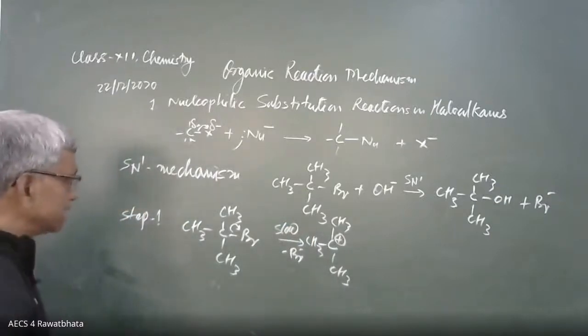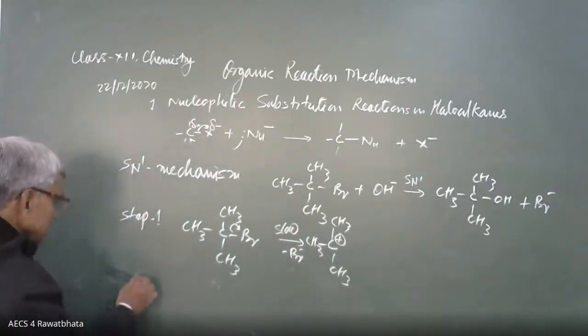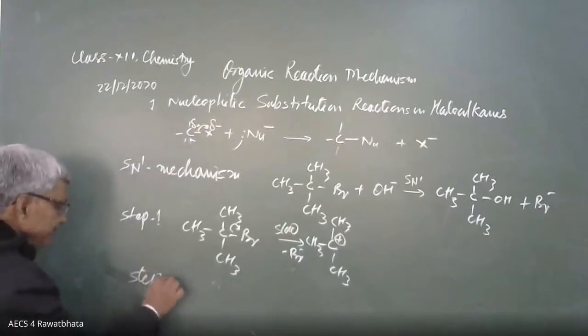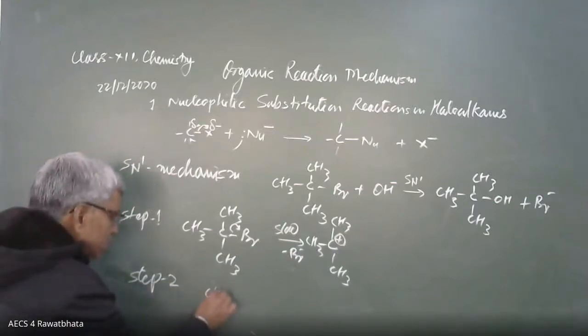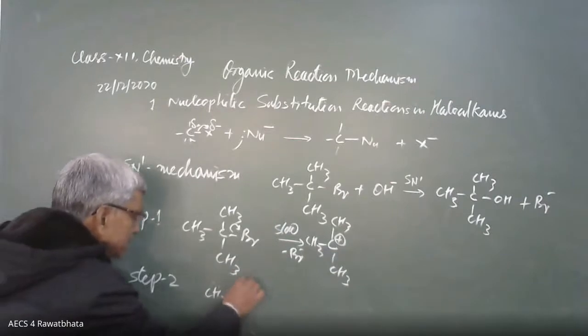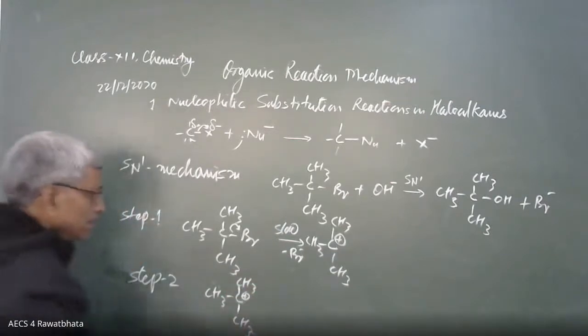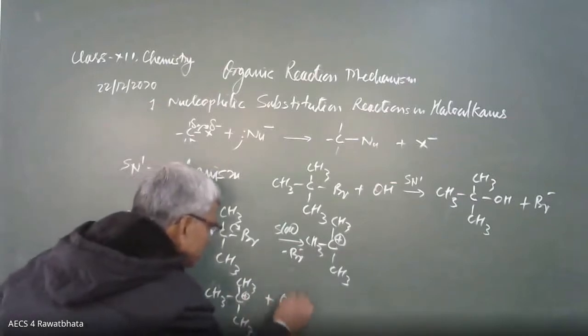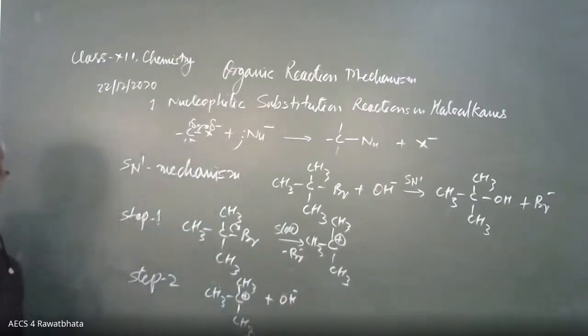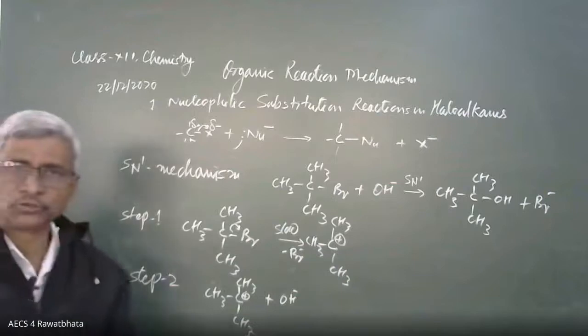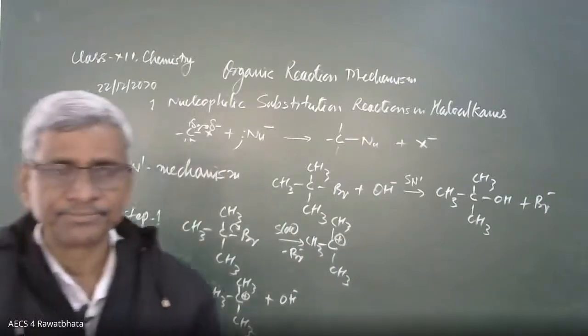Step 2. In step 2, this CH3 carbocation, here is CH3, CH3, here is the positive charge, is attacked by the nucleophile OH minus. In nucleophilic substitution, varieties of examples are there.